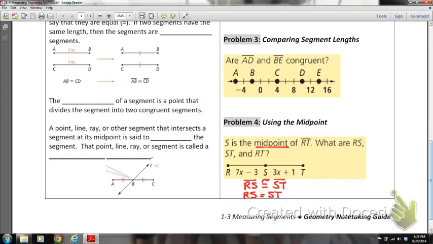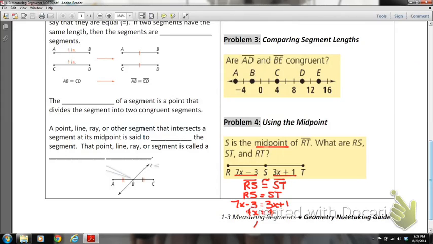Now I can substitute. The length of segment RS is 7x minus 3. The length of segment ST is 3x plus 1. Now you can solve that for x. Subtract the 3x from both sides, gives you 4x. Add the 3 to both sides, gives you 4 on the right.